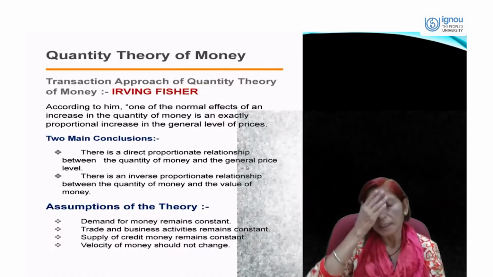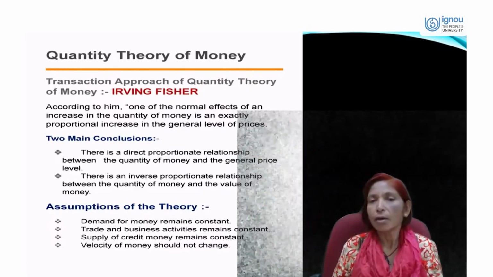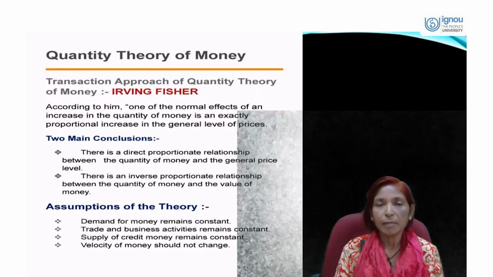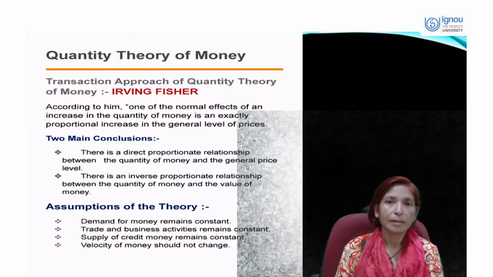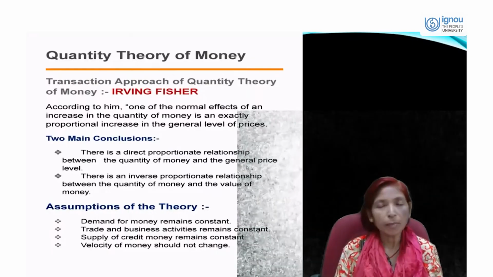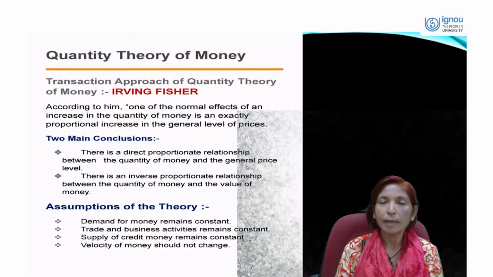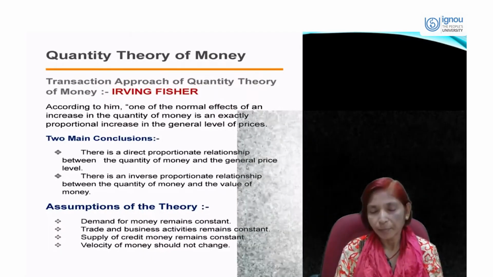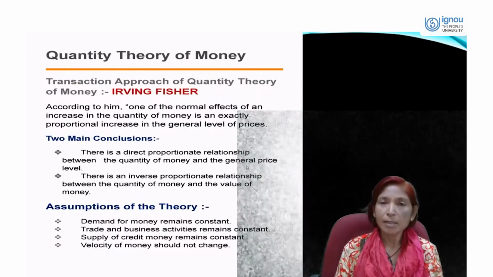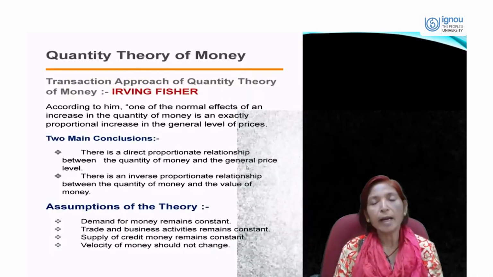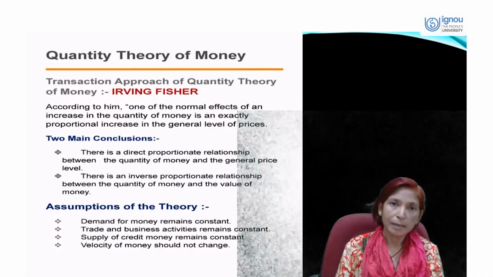Fisher assumed that demand for money should remain constant. It means only money supply will affect the price level, not money demand. There is no role of money demand under this theory. Next assumption is that trade and business activities should also remain constant.